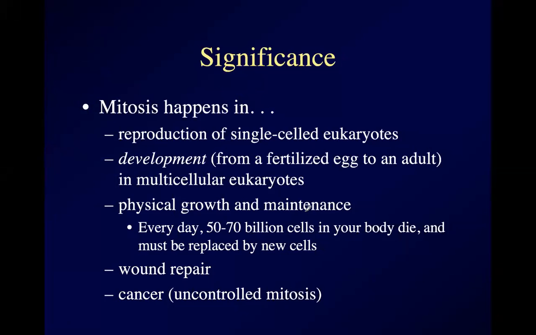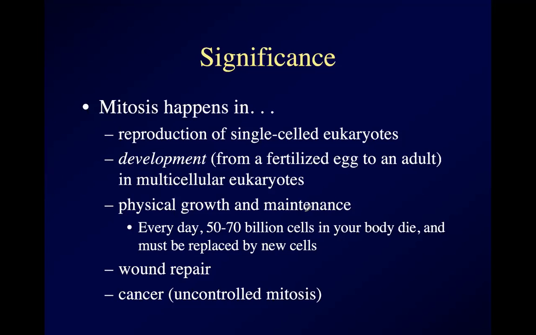Okay. And you keep carrying out mitosis today because every day you lose 50 to 70 billion cells. They die. The cells that line your cornea, that's the part of your eye that you put the contact lens on, are constantly dying and washing away in your tear fluid. The cells that line your intestine are constantly dying and being shed in your feces.